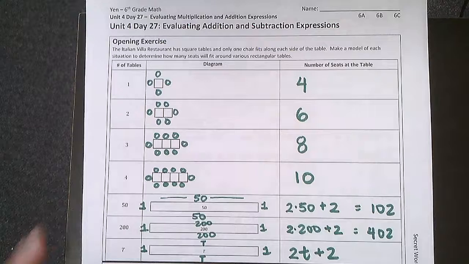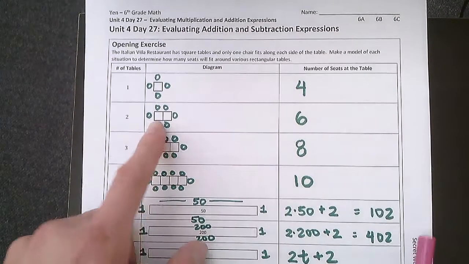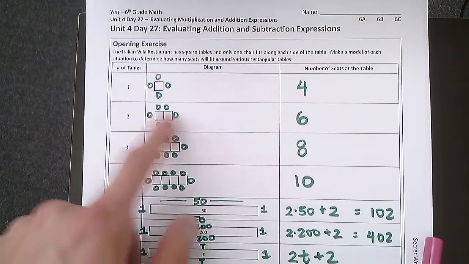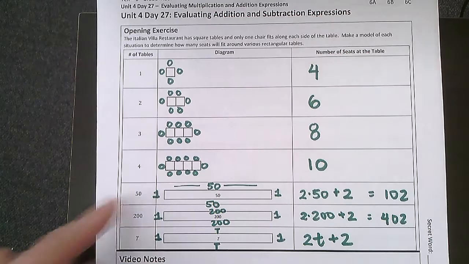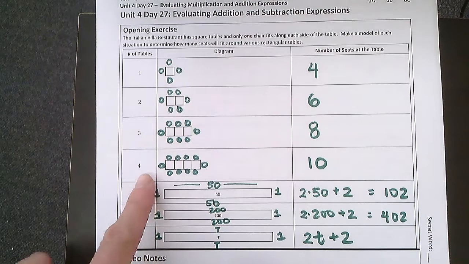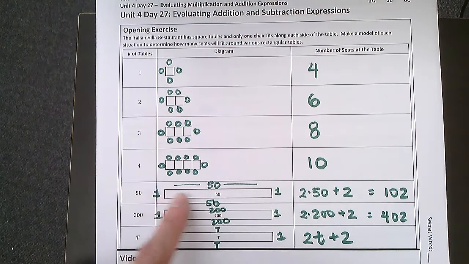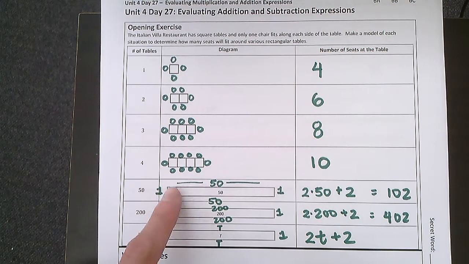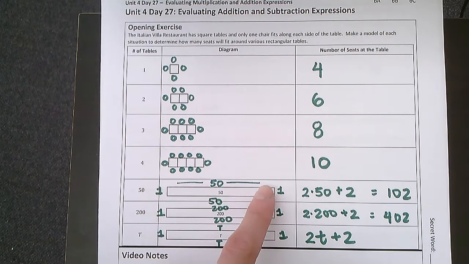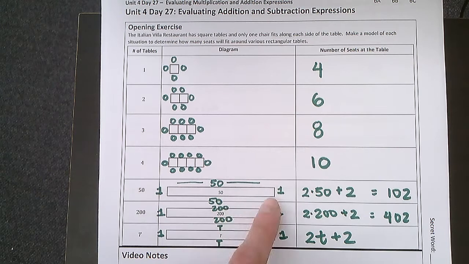In our opening exercise, we had these diagrams with each of these square tables and we were putting chairs around those tables. And the pattern that we figured out was the number of square tables, that's how many we could fit on one side of the rectangle. So if there's 50 tables, we could fit 50 chairs on one side, and then 50 chairs on another side.